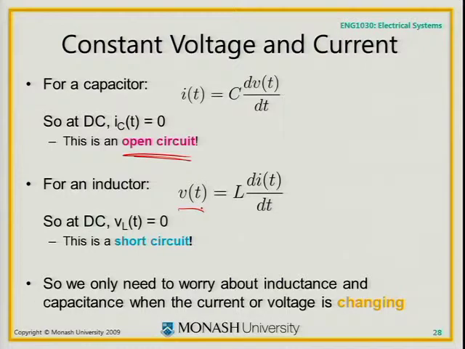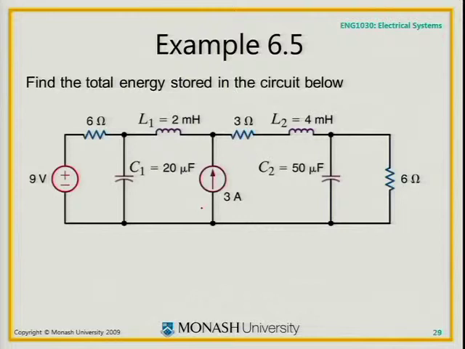That means we can tackle a question like this. Find the total energy stored in this circuit, assuming everything has reached steady state. So it's been like that for a long time. There are capacitors and inductors in there, but we know we can get rid of them. The two inductors become short circuits.